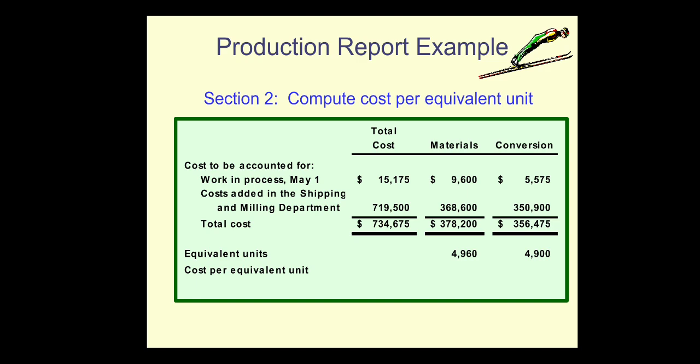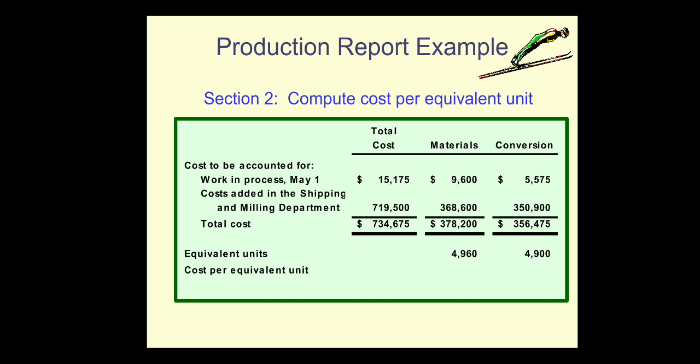If you check the slide related to the scenario for this company or business, you will see that at the beginning of the month of May, there is a cost related to the WIP beginning. The cost is, in terms of material, 9,600. In terms of conversion, 5,575. So total cost related to WIP beginning equal to 15,175. That is the cost related to WIP beginning.